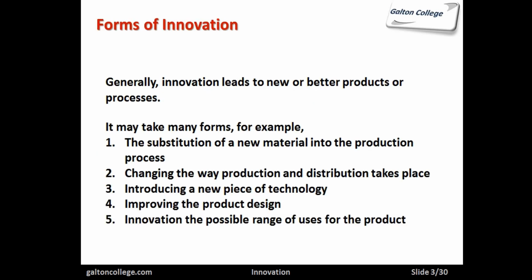Now, the forms of innovation. Generally speaking, innovation leads to new and better products or processes, and it may take several forms. For example, in the list I've got here, the first one, the substitution of a new material into the production process. Well, as new materials have become available because of scientific breakthrough, products have changed. Clothing has changed.